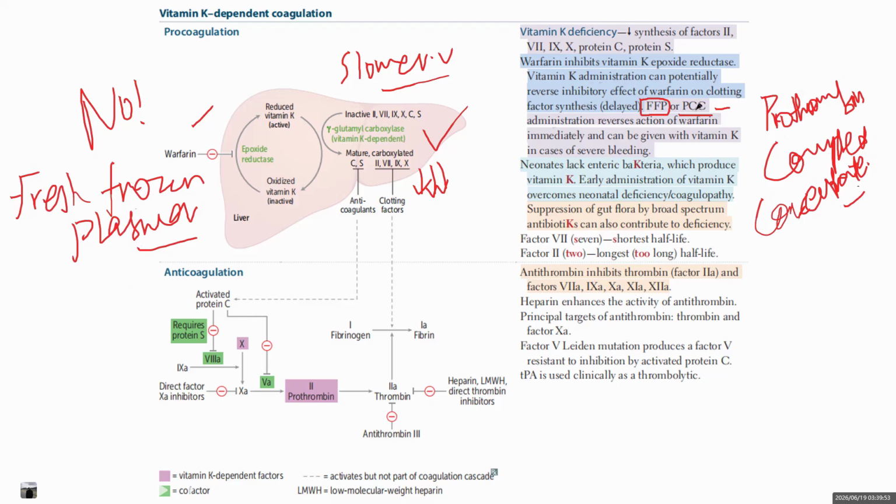So we give this to patients who have serious life-threatening bleeding and are also on warfarin therapy. Giving vitamin K alone will not be enough; we must give them the FFP and also the PCC administration altogether in cases of severe bleeding, right? So both of them are given, to be clear, right?